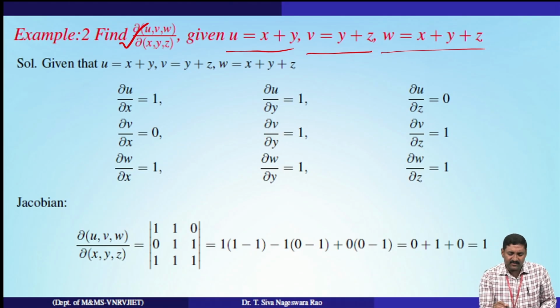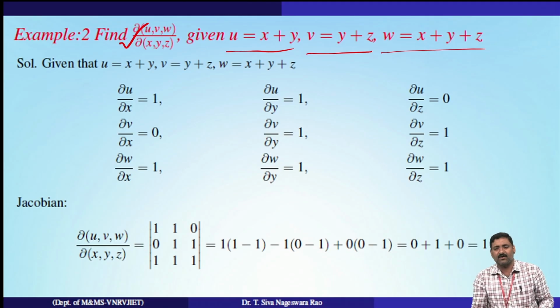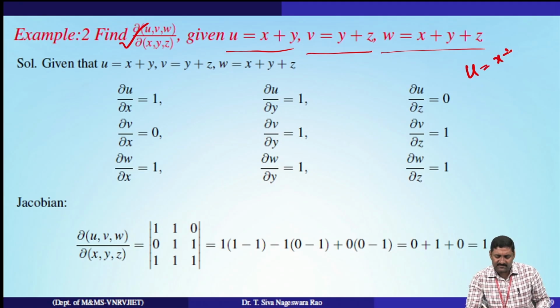See here, u is equal to x plus y does not mean that the variable z is not there. It is already present. We can write u is equal to x plus y plus 0 into z.